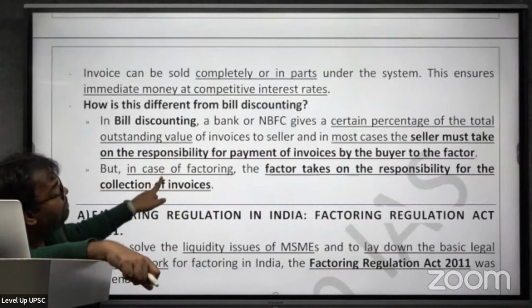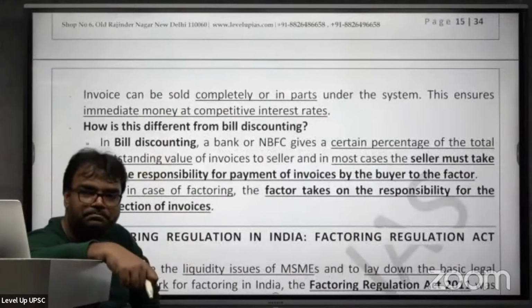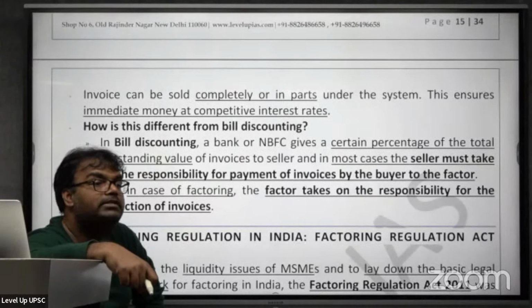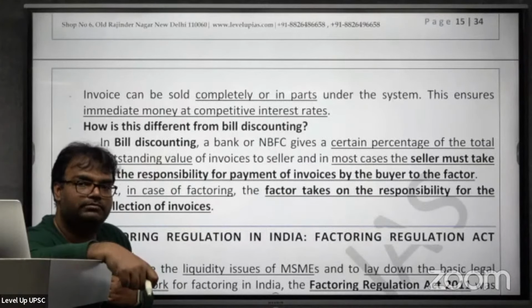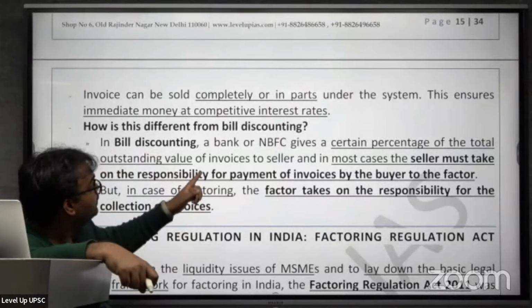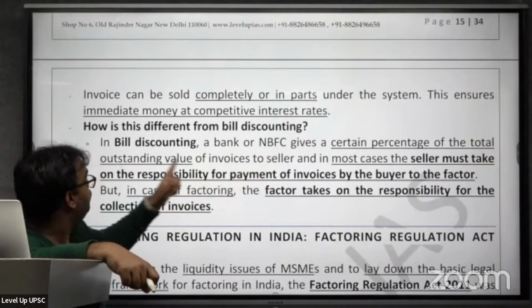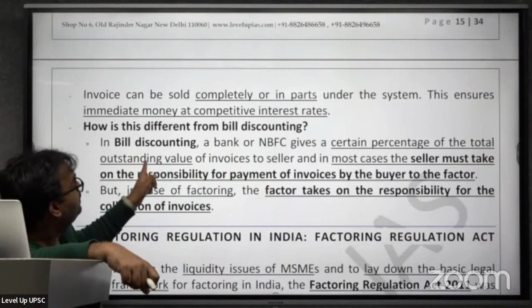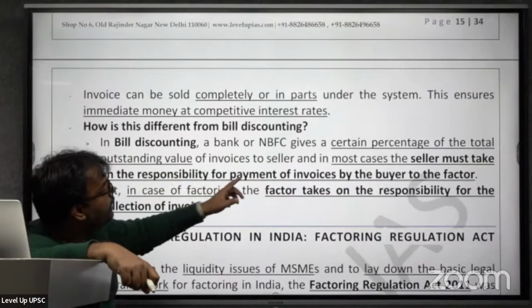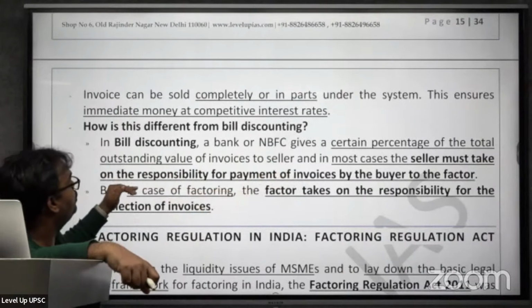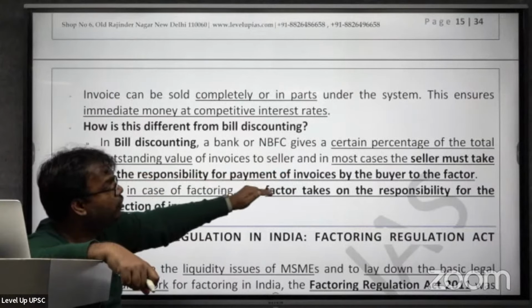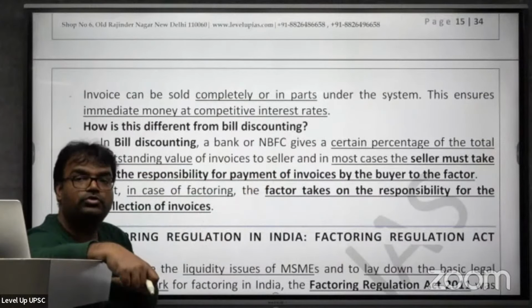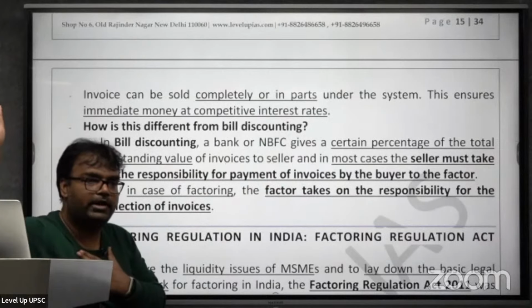But in the bill discounting mechanism, what happens? I have the responsibility. For a certain percentage of total outstanding, in most cases, the seller must take on the responsibility of payment of the invoice by the buyer to the factor. So I was the seller, Reliance was the buyer.